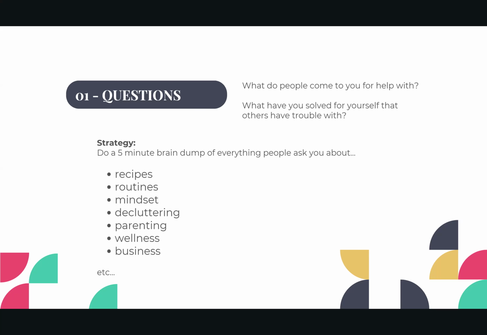And then business, wellness, those are just some other topics or categories. Maybe you figured out how to build a successful coaching business, or maybe you figured some things out techie wise in the business realm, or how to create a lead magnet, or how to be more visible online. So, whatever it is, whatever people come to you and ask for help with, I want you to write it down.